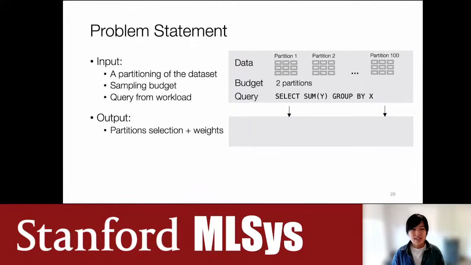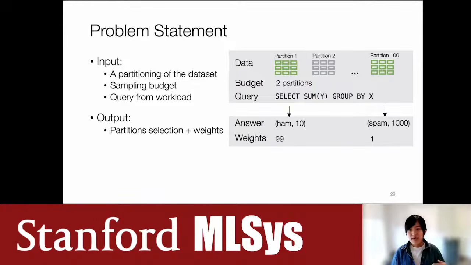And for the output of the system, we want to output a selected set of partitions and their corresponding weights. So for example, here our system decides that we want to read partitions 1 and 100. So we only read these two partitions and evaluate the query on them to get some partial answers.